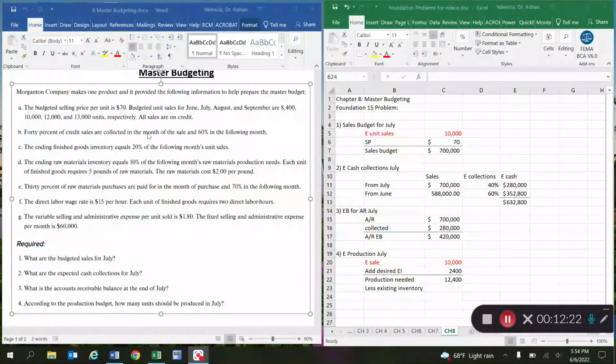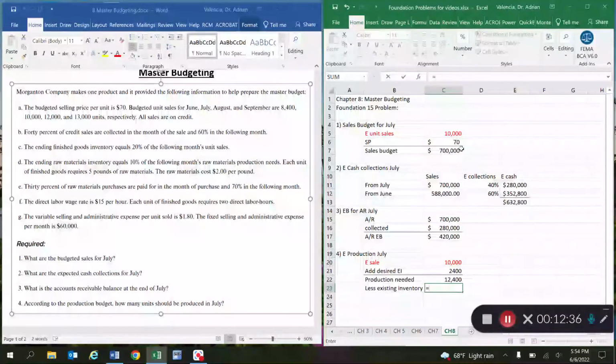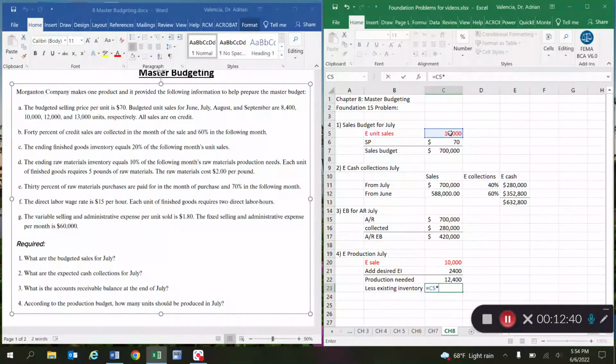Okay, so that ends up being our beginning inventory in July. So let me recap that again. In June, we produced extra units, and the extra units we produced in June were this 10,000 times 20%. So in other words, we already have that in inventory, so we're not going to produce that.